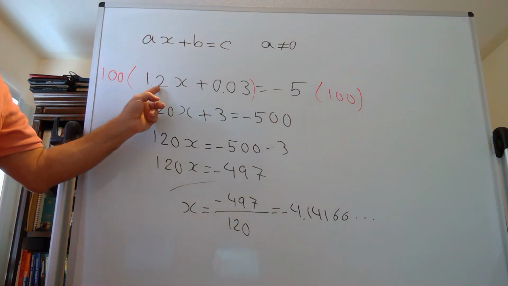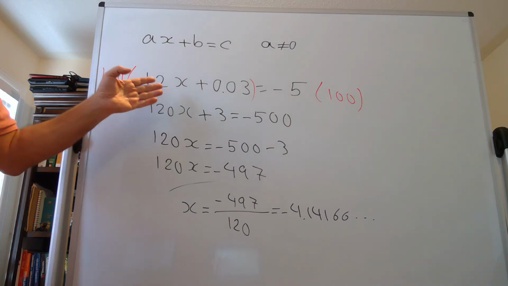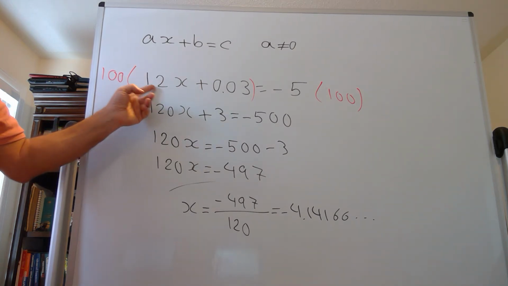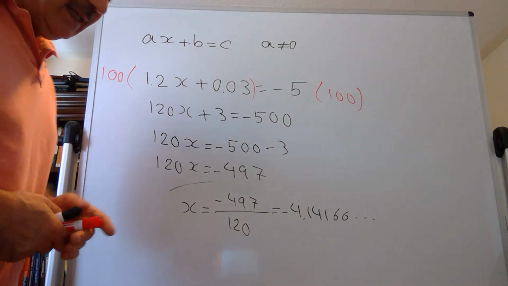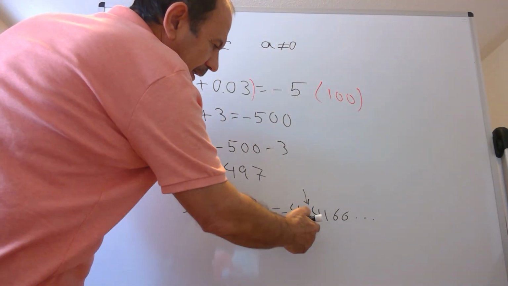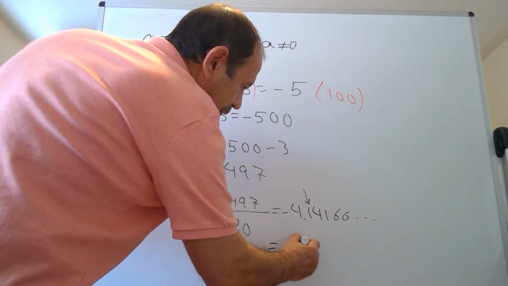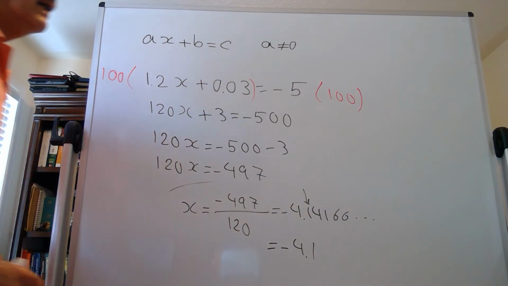The least precise number is 1 digit after the decimal, so we need to keep 1 digit only. We round here because the next digit is less than 5, so negative 4.1 is the final answer.